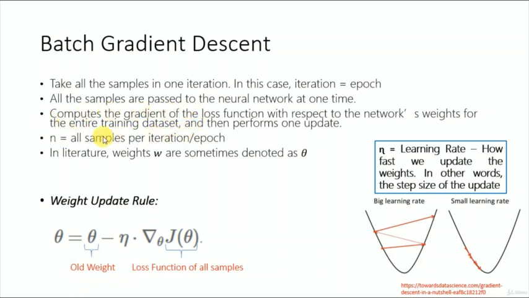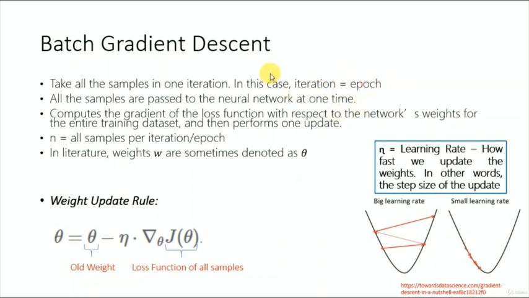That's what you need to take note of. You calculate the loss for all of the samples, and then perform the weight updates. In this case, an iteration equals an epoch. Remember, an epoch is one complete pass of all your samples in the dataset. Since we pass all of the samples one time, an iteration equals an epoch.